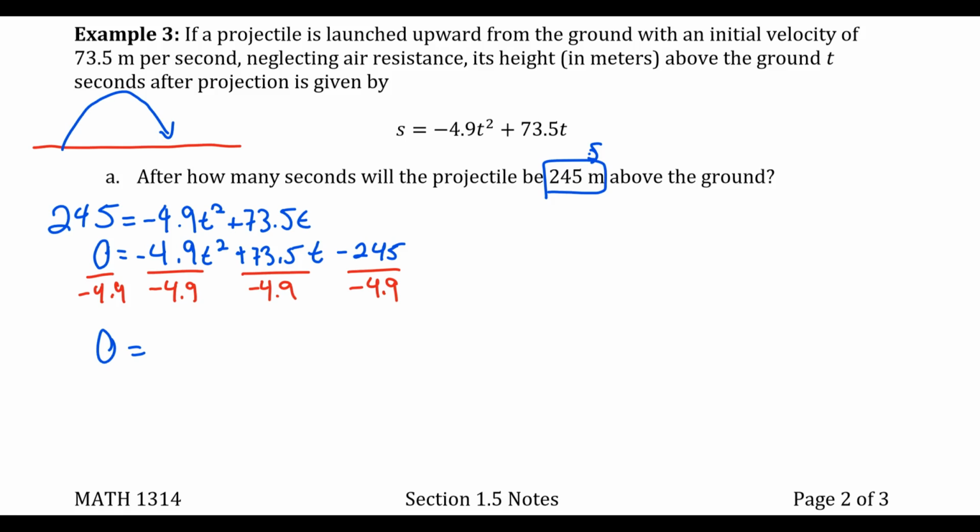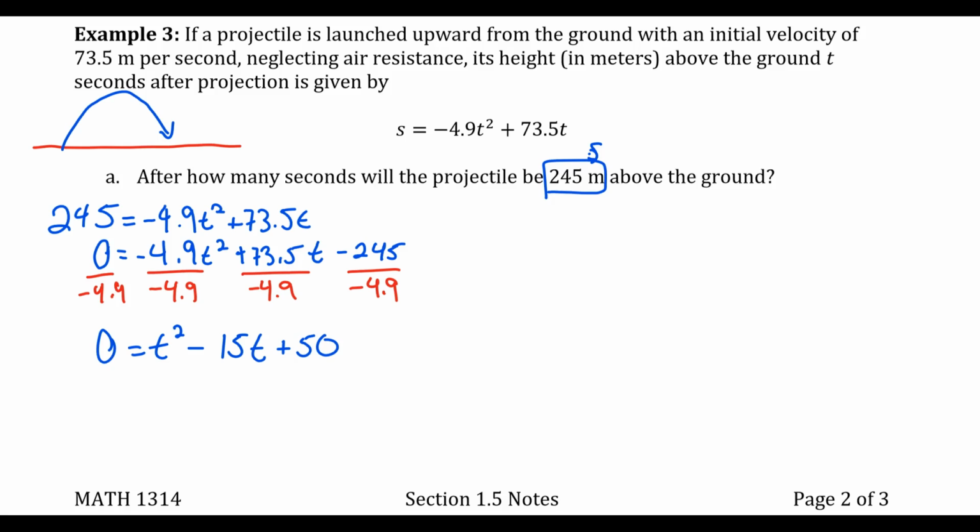Negative 4.9 divided by negative 4.9 gives me a positive t squared. Positive divided by negative gives me negative 73.5 divided by 4.9, which is actually 15. And then a negative 245 divided by a negative 4.9 is going to be a positive 50. Much easier to work with these numbers than these decimals.